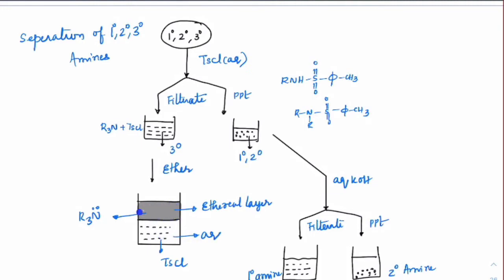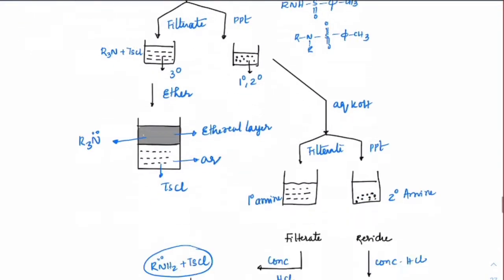So slowly the entire R3N will come here, TsCl will remain in the aqueous solution. While for 1 degree and 2 degree, if you check it out, what was the second step? Adding aqueous KOH. On adding aqueous KOH, if you get a filtrate, which means it is primary amine. If no reaction is happening further, it is secondary amine. So PPT will remain PPT even after adding aqueous KOH, which means it is secondary amine.